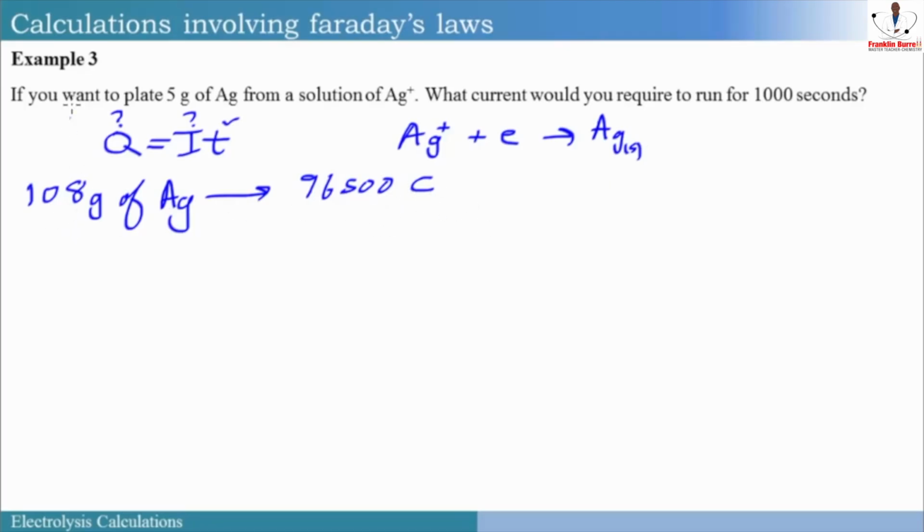Now we have 5 grams. So if 108 grams produce 1 Faraday, which is 96500 coulombs, how many coulombs would be produced if 5 grams of silver was used?